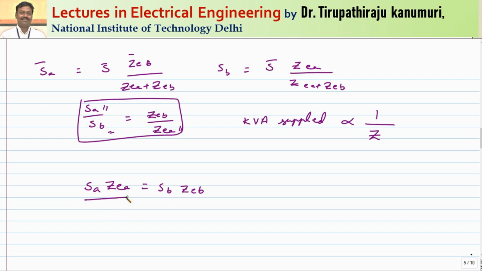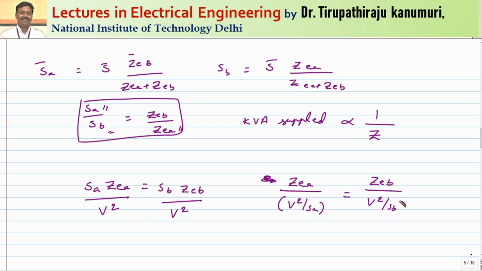Both these things I am dividing with V square, so I can write this in the form ZEA divided by V square divided by SA will be equal to ZEB divided by V square divided by SB.